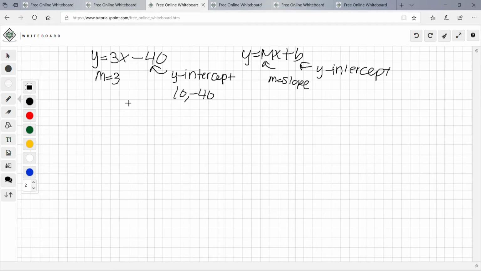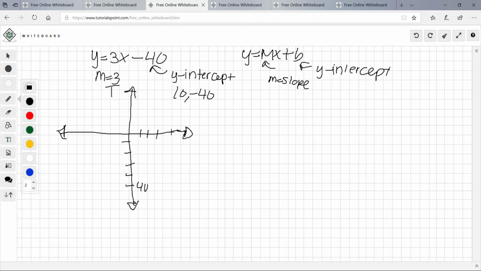What you can do is start at your y-intercept. Here's negative 4. And then we said that our slope is 3, or 3 over 1. And when it's positive, it's going to go this way.